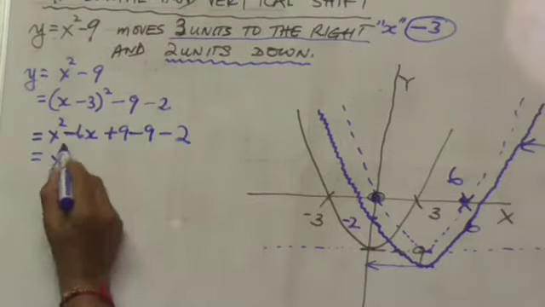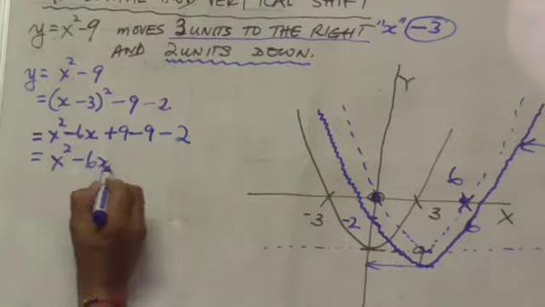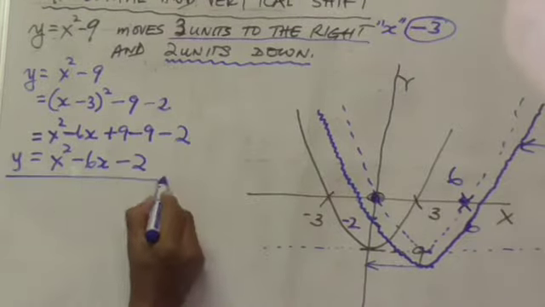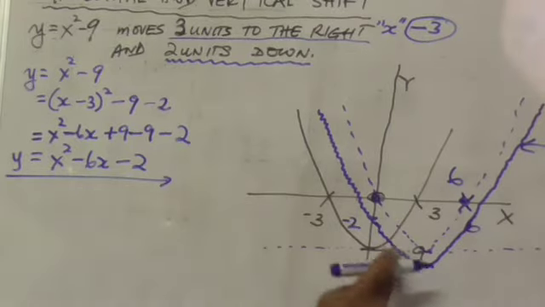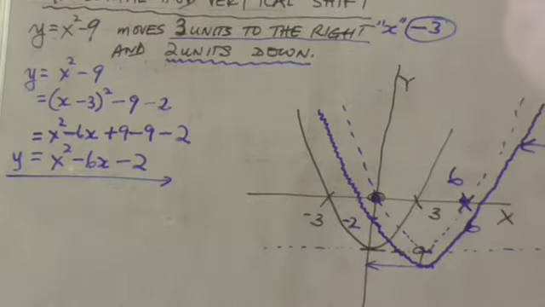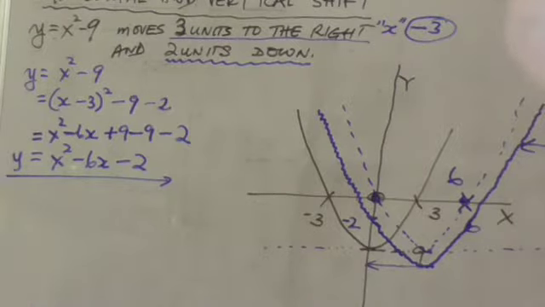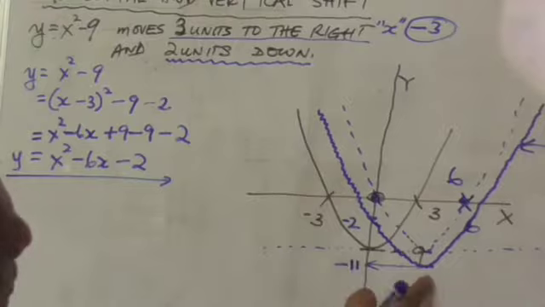That will give you x squared minus 6x minus 2. So your new equation for this graph, your final answer, is y is equal to x squared minus 6x minus 2. And this thing is minus 11, the new minimum.